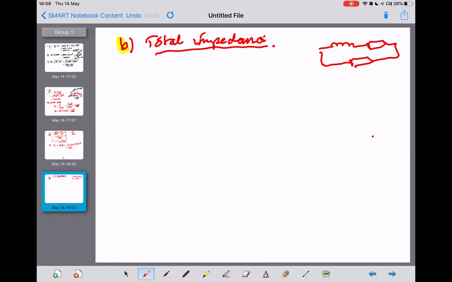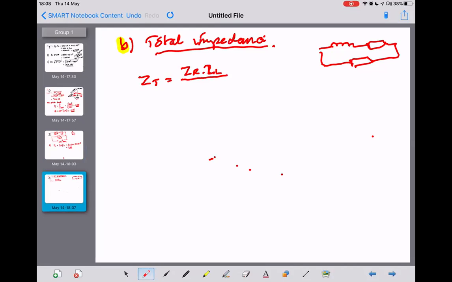The solution I've got uses the product over sum formula. So ZT is ZR times ZL, which you calculated separately. Yeah, I think I've messed up. Just add them together. You're not wrong in adding them together, because on the bottom they need to be added together.